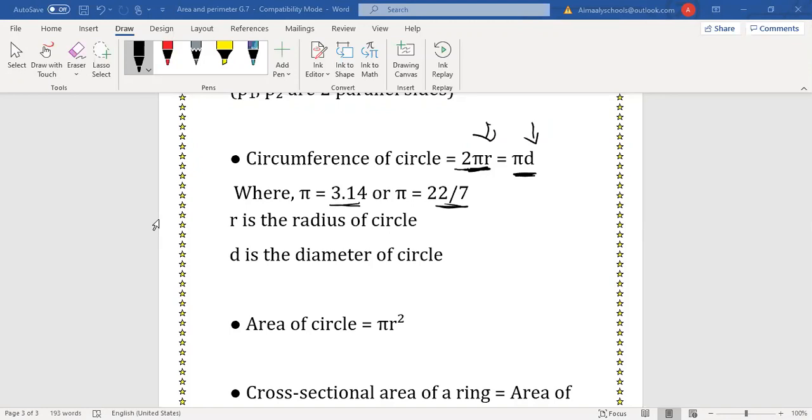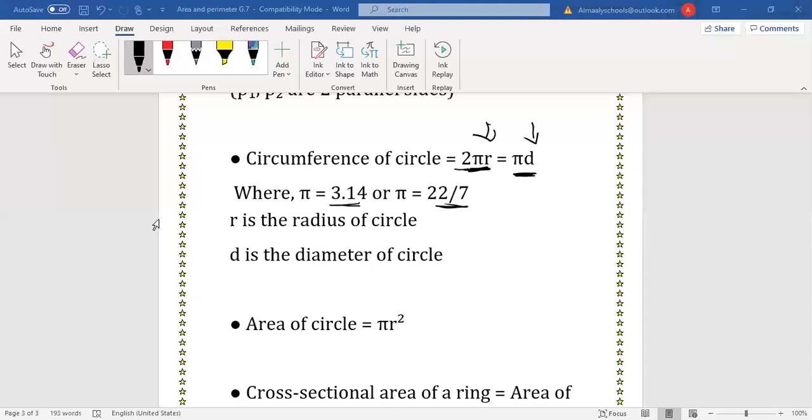Yazan, will it be 25.1 centimeters or centimeter square? No, Mr. It will be centimeter only. Why? Because it's circumference, not the area. Excellent. So it will be 25.1 centimeter only. Thank you.